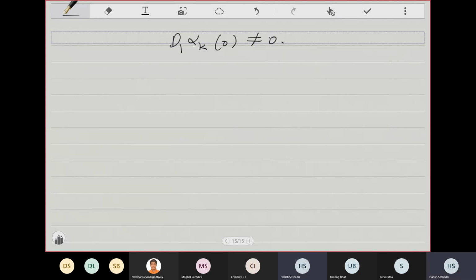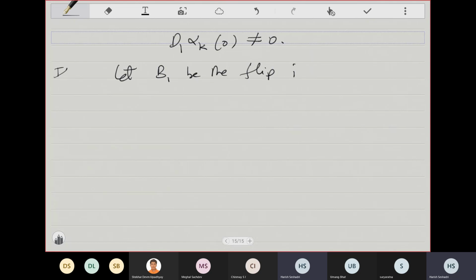The idea is to move this K. Now that K might occur somewhere along the line. I want to move it to the first slot, first component function. So I do a flip. Let B1 be the flip. Of course, if K is already 1, I don't have to do any flip.